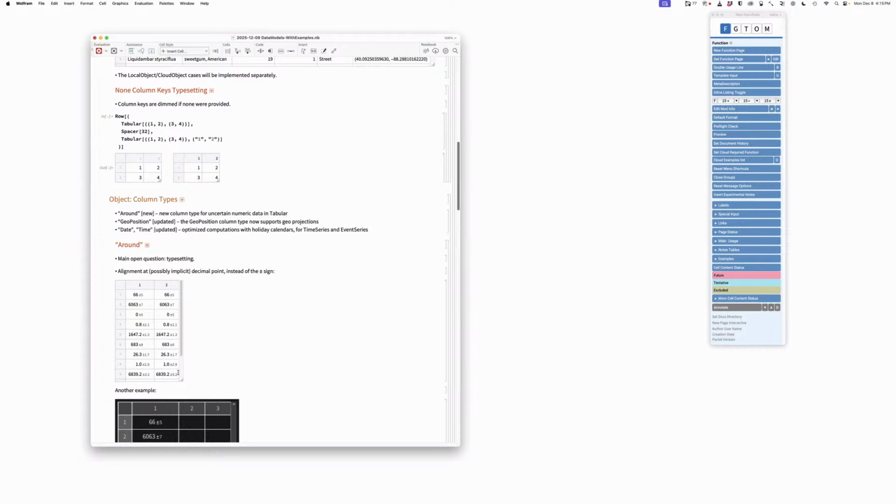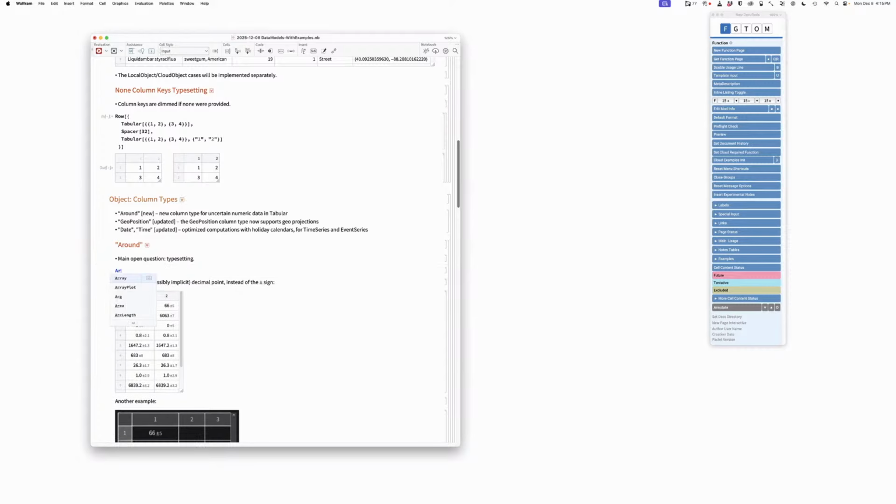Our plan here would be to keep the plus minus and then perhaps have scientific notation separately. But how do we normally do a round with scientific notation? Well, there are two cases. If the error is much smaller than the value, then we have this parenthesis notation at the end.